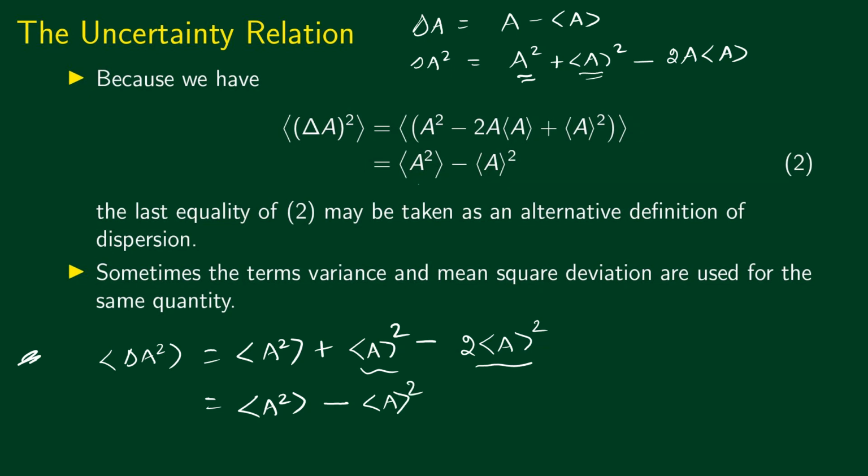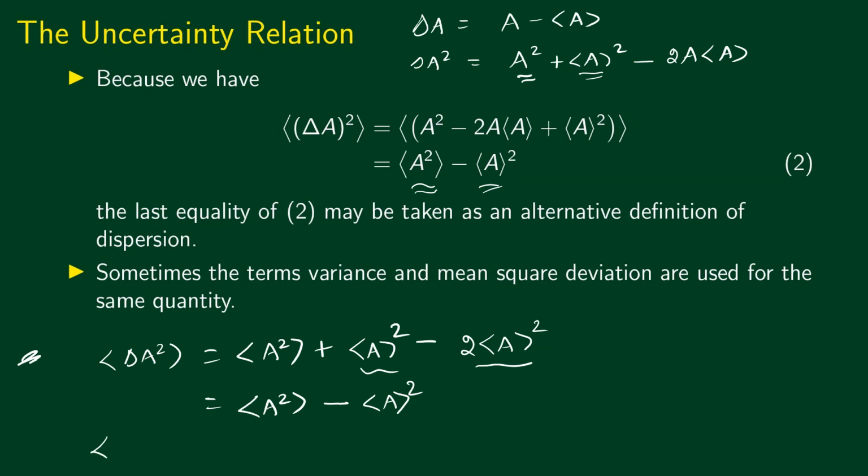So the expectation value of delta A square can be written as the expectation value of the square minus the square of the expectation value.